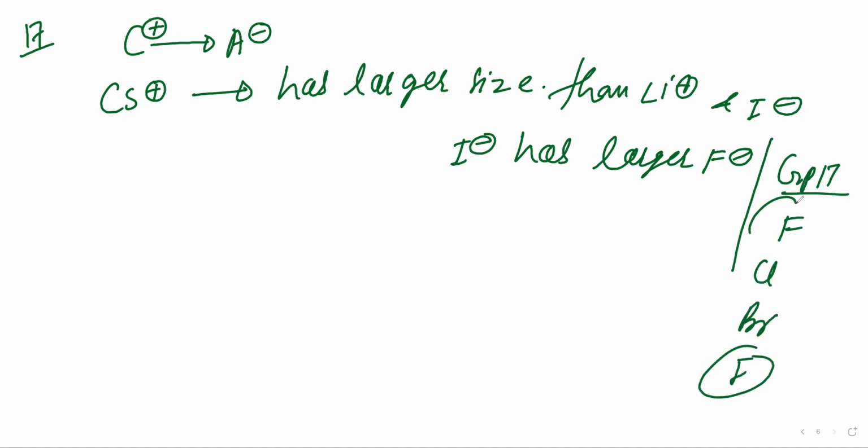So iodine is at the down part, so the atom is larger than fluorine. So the maximum distance between the center of cation and anion will be cesium and iodine. So please write the formula CsI.